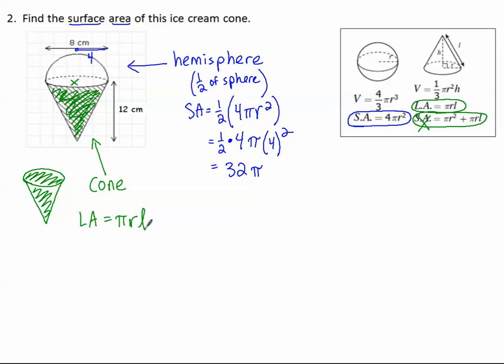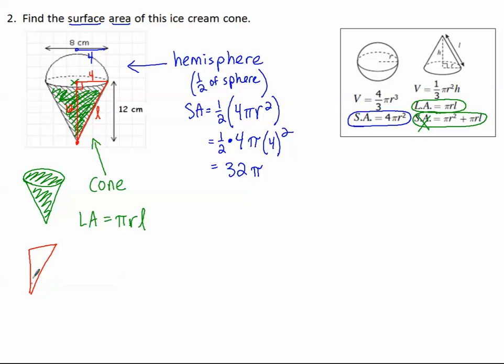What is the L? The L is this slant height. In the picture, what do I have? From the top straight down to the bottom, it says 12. The radius makes a right angle with the height, it says 4. The slant height I don't have, but I can find that.